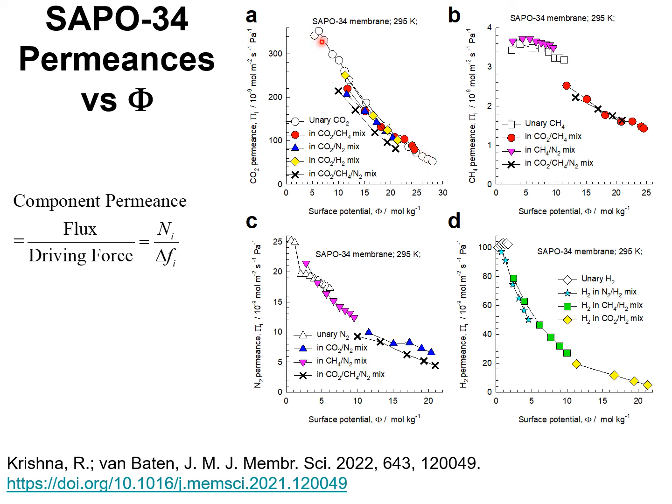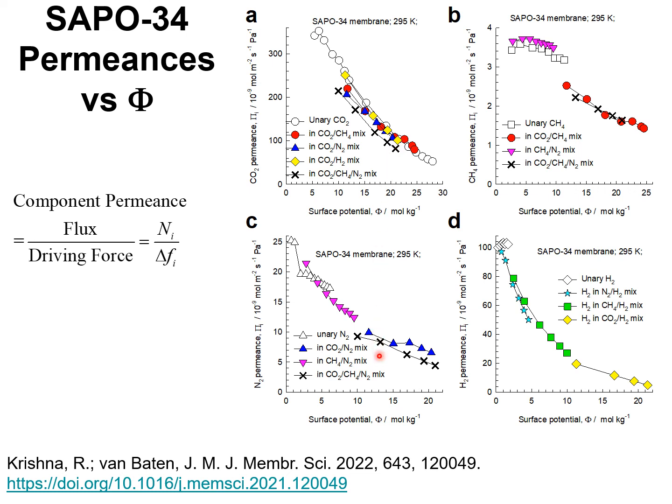The unary permeances are indicated by the open symbols, and the filled symbols are the corresponding component permeances in either binary mixtures or in ternary mixtures. For all four components, we see that the permeances in the mixture, be it binary or ternary, have nearly the same value as the unary permeance.